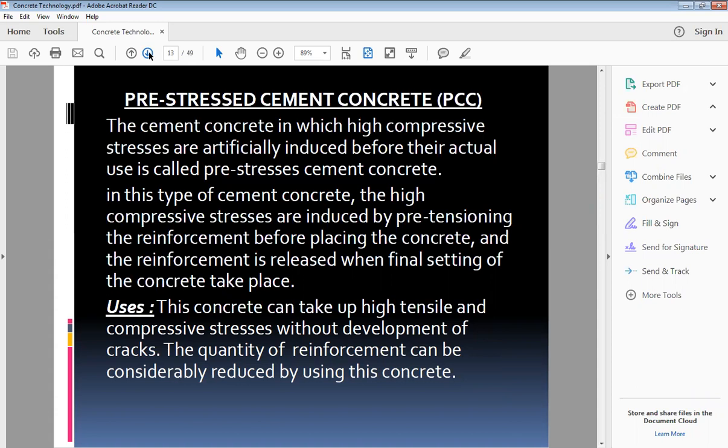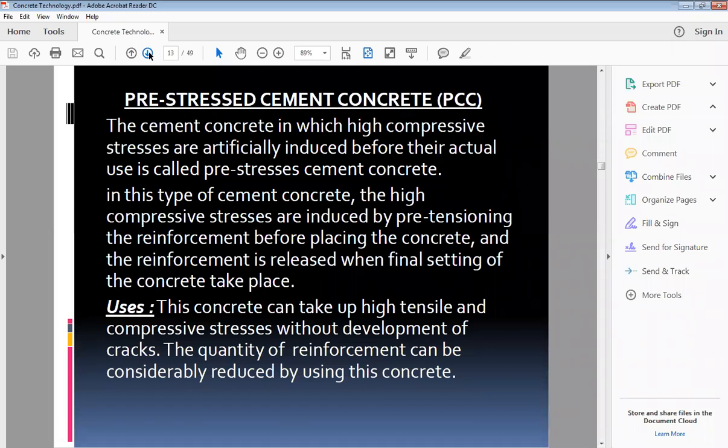It is used basically in heavy structures like bridges and flyovers. We can't use pre-stressed concrete in residential buildings, etc. The cost of pre-stressed concrete is more as compared to RCC.